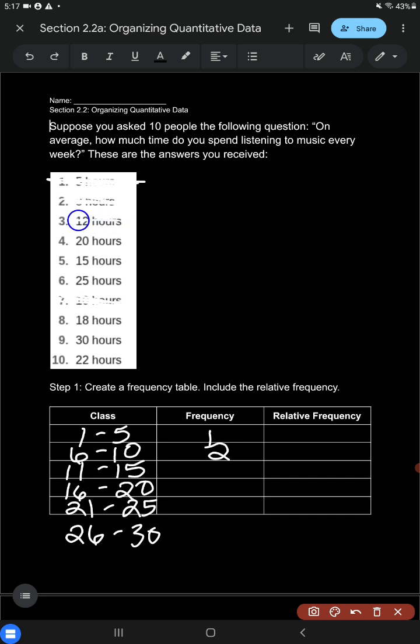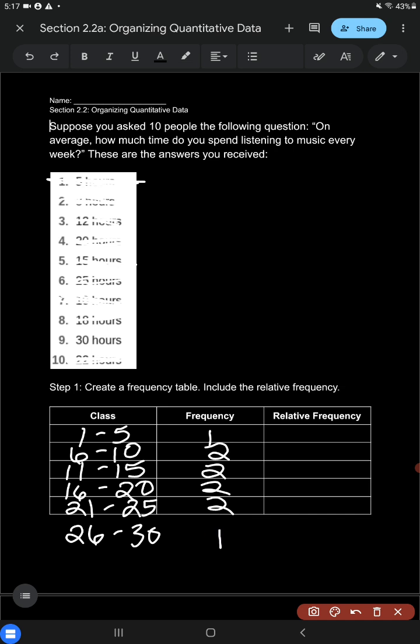So there's 1, 2. So 2 people in that category. 16 to 20. We had 1, 2. Okay, 21 to 25, we had 1, 2. And then 26 to 30, we only had 1.